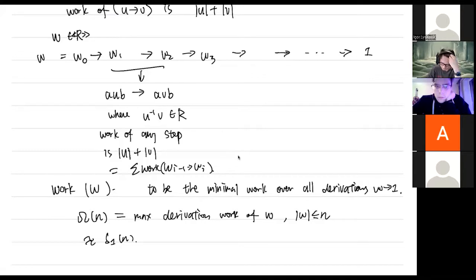But we can actually use any function which depends on the length of the relator, for example the square of the length of the relator, or the logarithm, and so on. So it would be interesting to consider these different weights.